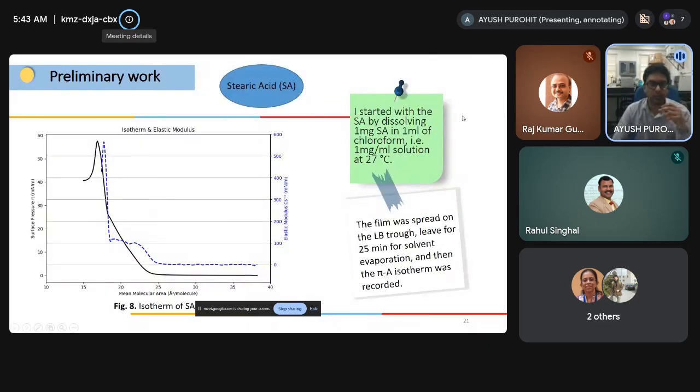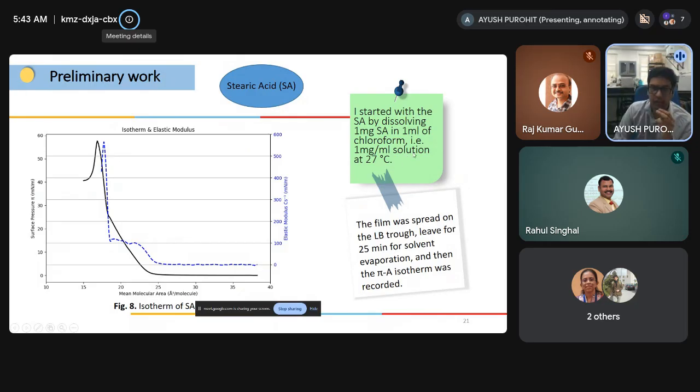So these are some preliminary results that we obtained in the lab. This is the stearic acid isotherm. Stearic acid is a long chain of carbon atoms having a COOH group attached to it. We measure 1 mg of stearic acid with the help of a weighing machine, and then we dissolve the 1 mg of stearic acid in 1 ml of chloroform.